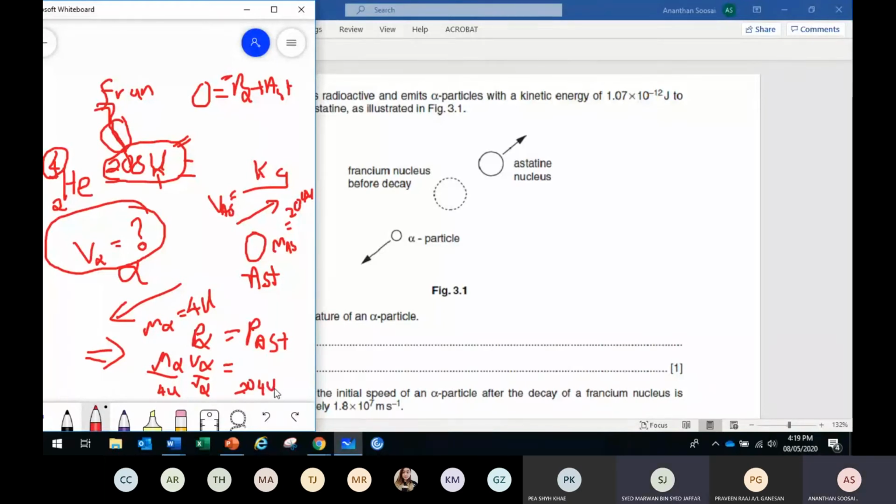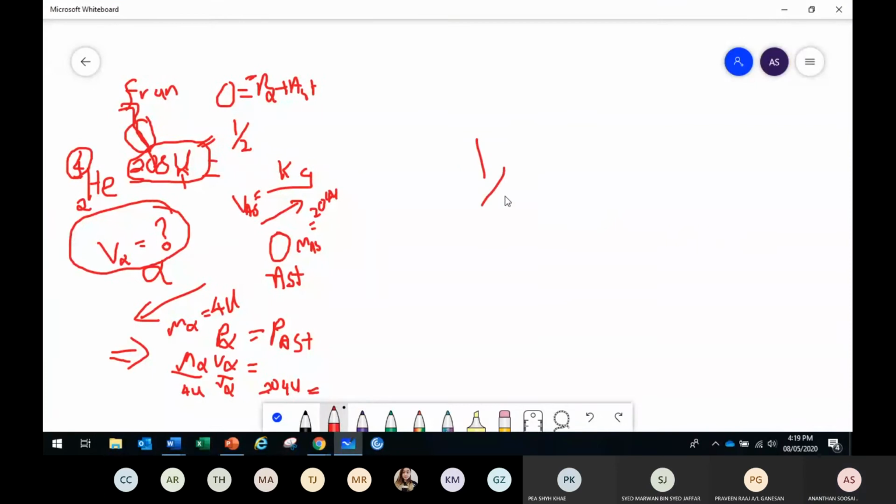How do you find the speed of astatine? Half mv squared, yes, good. We calculate the velocity of astatine using half mv squared, which equals the kinetic energy of the astatine.